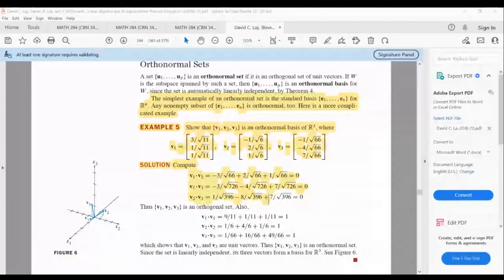They just show that those vectors are orthogonal and all of them have length 1. In figure 6, it's like taking the x1, x2, x3 basis vectors and tilting them. That's another orthonormal basis, and it might be more suitable if you're dealing with a certain kind of crystal lattice or something like that.